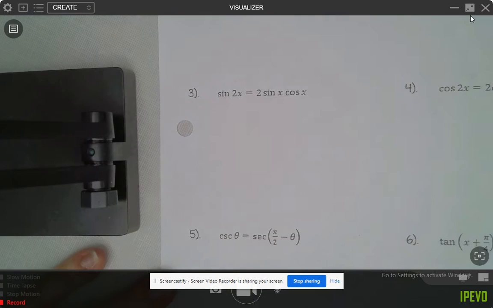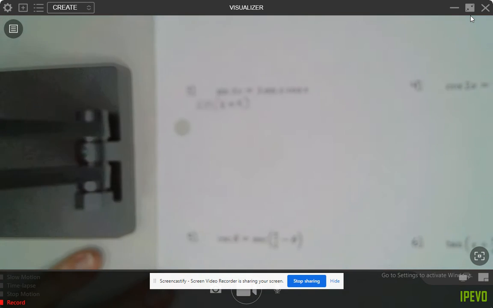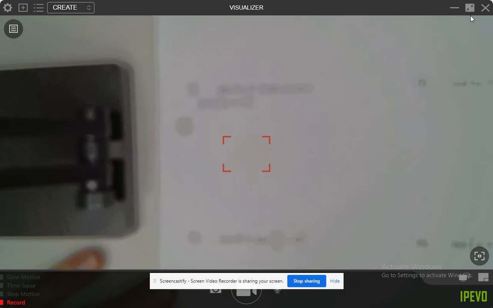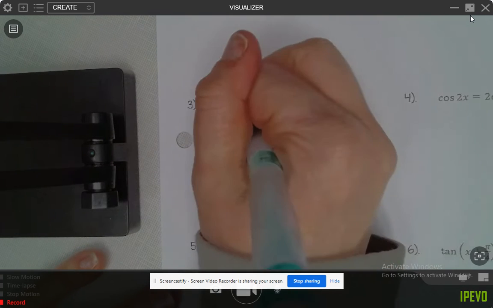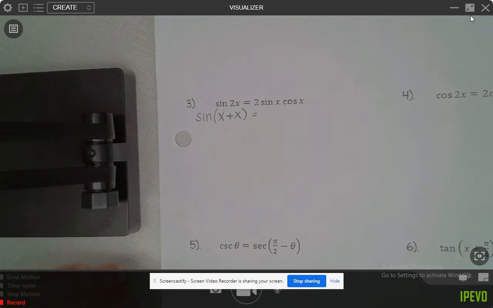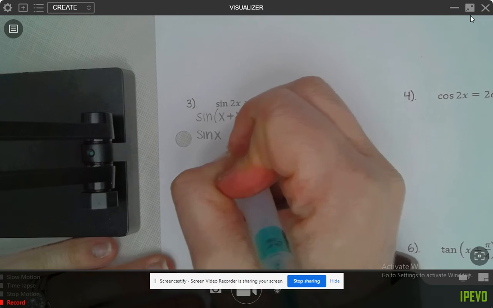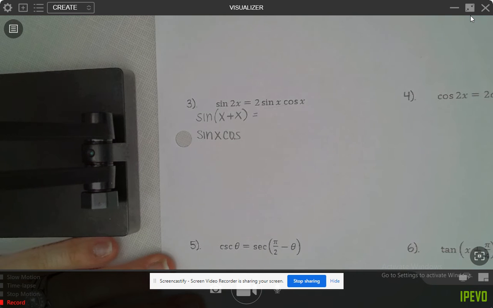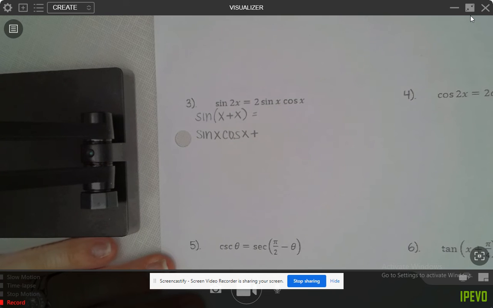So would you agree that the sine of 2x is the same as the sine of x plus x? Is that true? Yeah? Now can I use the sum formula for sine? What does the sum formula for sine say? It says sine of A, so this is going to be the sine of x, times the cosine of B, which in our case is x, plus, I'm reading it right off that paper.